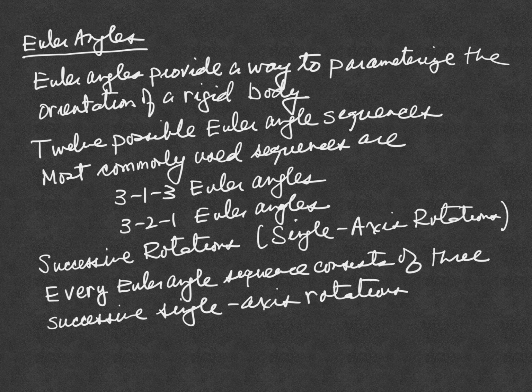As I said, we're going to do 3-1-3 Euler angles and 3-2-1. There are 12 possible Euler angle sequences. We're not going to do all 12 because many of them are not commonly used. The ones that are commonly used are these two, and so we're going to focus the rest of this lecture on these two Euler angle sequences.